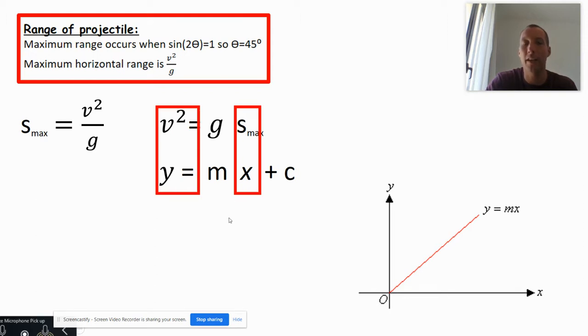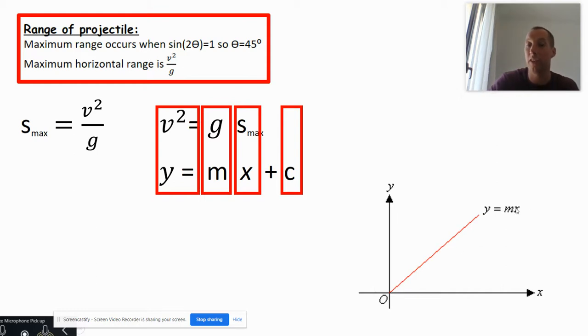If I do that, I should find that the gradient m is g, and there shouldn't be any intercept at all. We should just get a y equals mx graph. There is no c value, no intercept. So what I'm going to get you to do is collect data on the simulation. You're going to plot a graph of v squared on the y-axis against s max, the maximum range, which is the range for a 45-degree angle, on the x-axis.